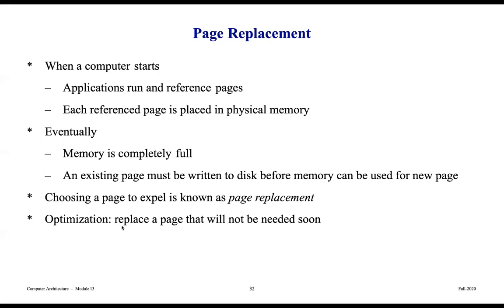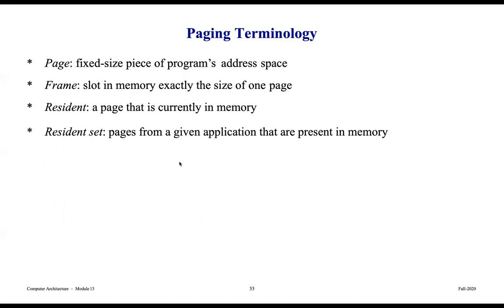In terms of optimization, you can replace a page that will no longer be needed soon. And so having a criterion for figuring that out, such as how long it has been since the page was last used, is one way you can think about memory utilization with this approach.